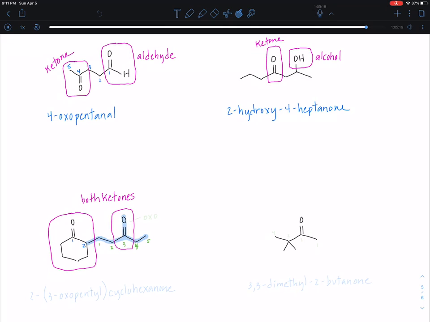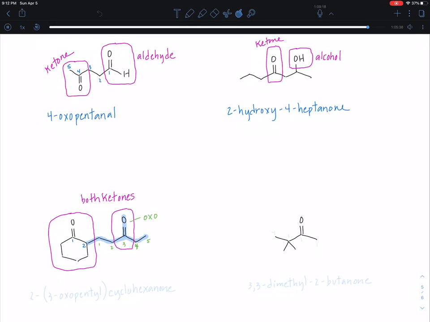And so I've got some kind of pentyl group, but on that pentyl group, on the third carbon, I have an oxo group, right? That's the oxygen of the ketone functionality. That is a part of the substituent. The whole thing is a substituent.